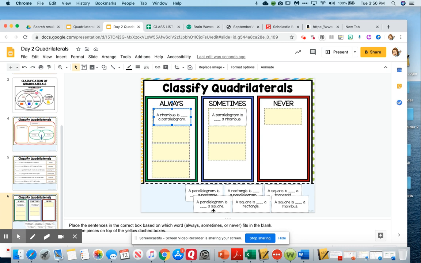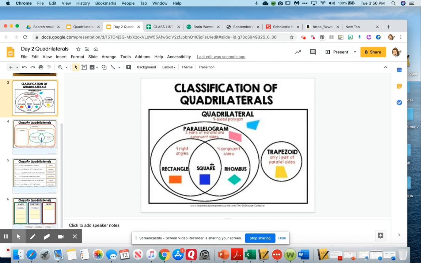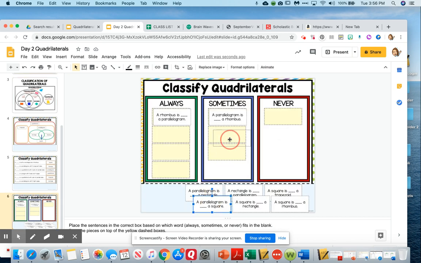Okay. Is a parallelogram always a square, sometimes a square, or never a square? Well, again, if you look at our chart, here's squares and here's parallelograms. So sometimes a parallelogram can be a square. A parallelogram is a rectangle. Again, the same thing.